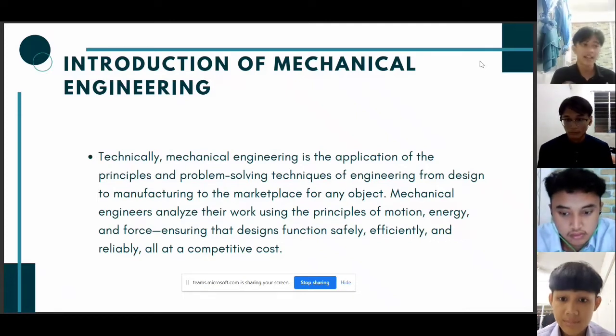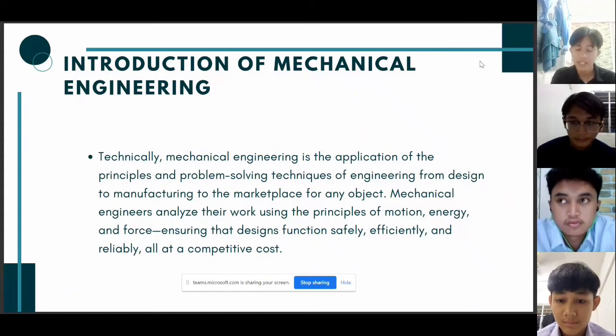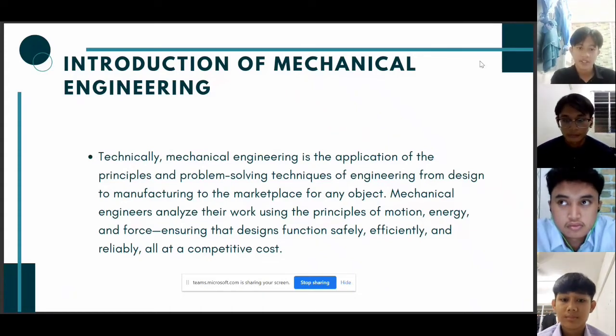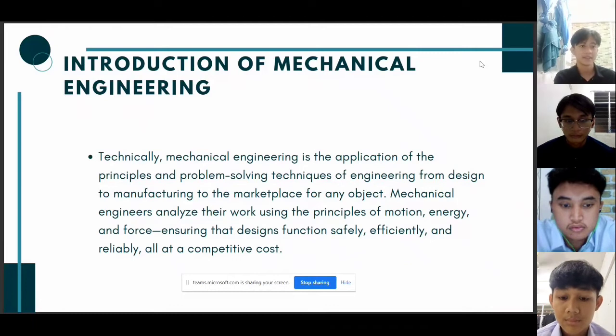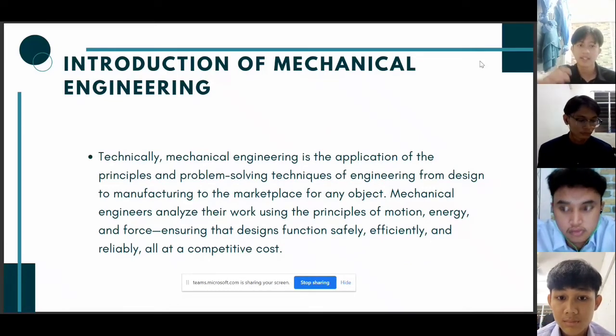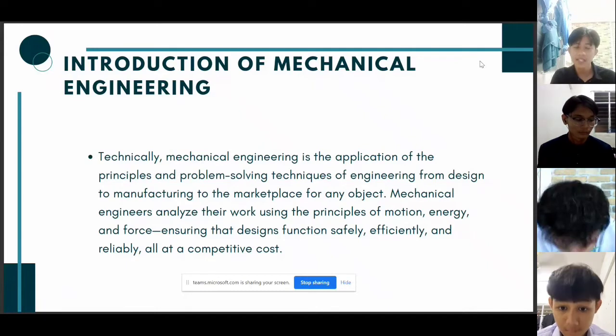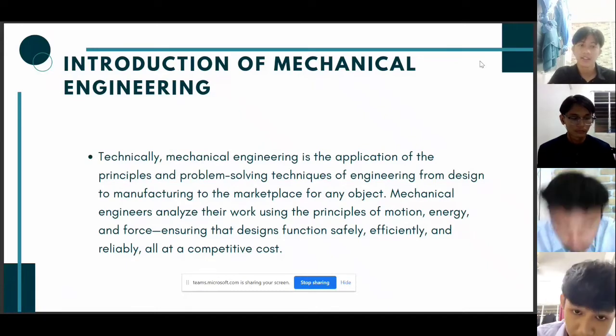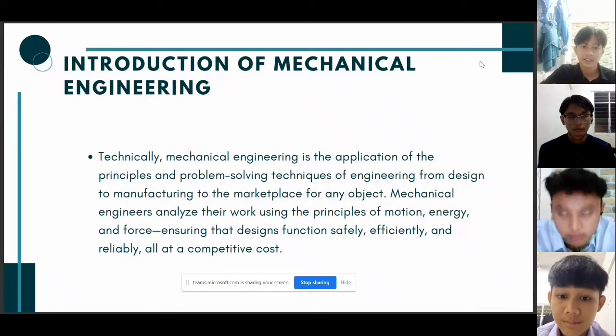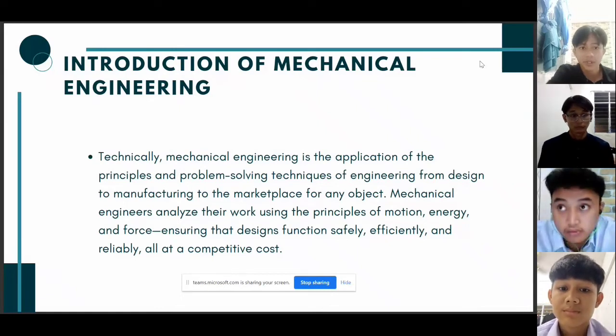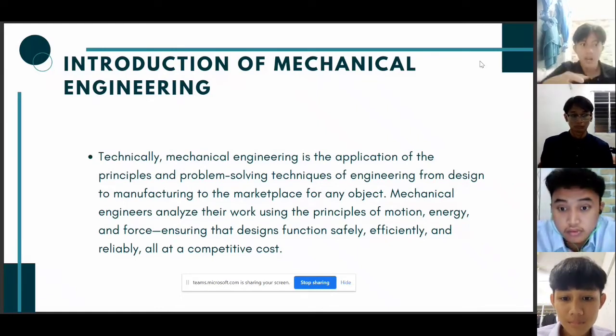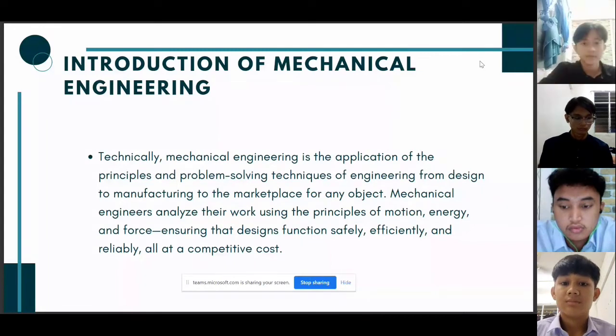For example, in healthcare, energy, and more. That's all for me. Let's move to the next slide.